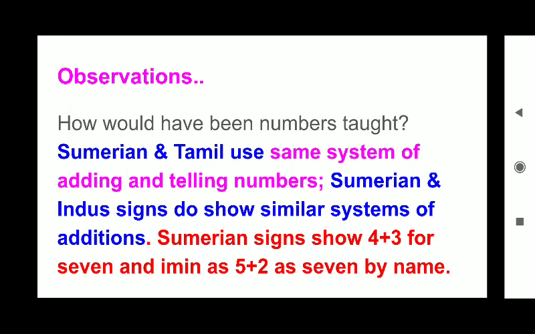And if you look at Sumerian and Tamil, they use the same system of adding and telling numbers. Sumerian signs show systems of addition, like 4 plus 3, 5 plus 2. Such a system is still, or was until the recent past, there as Tamil poets were telling numbers.